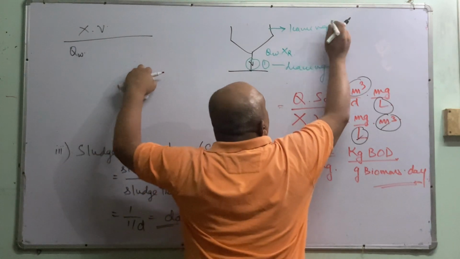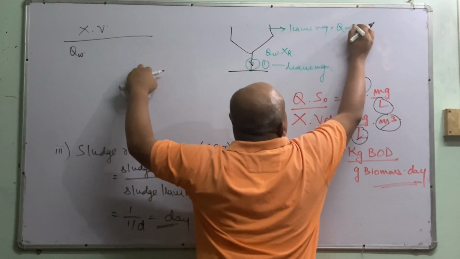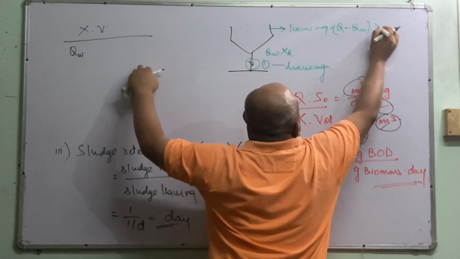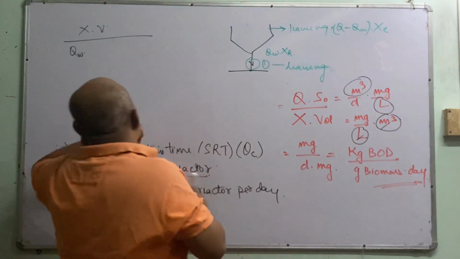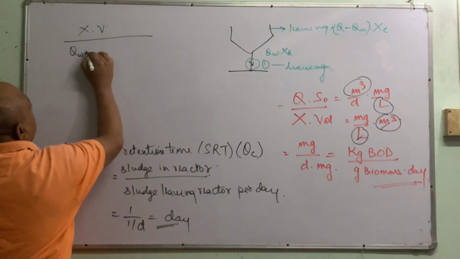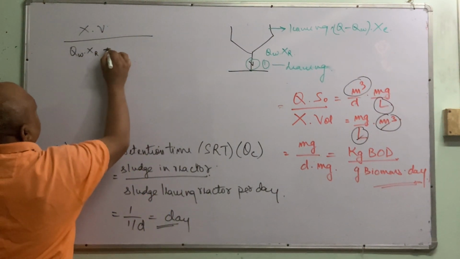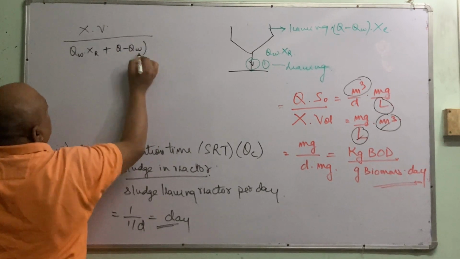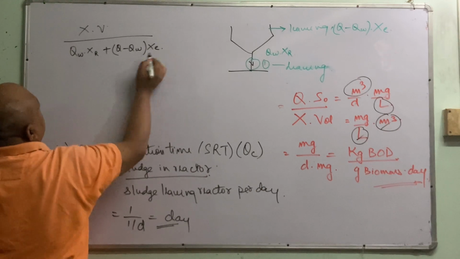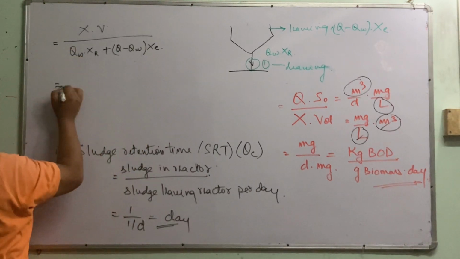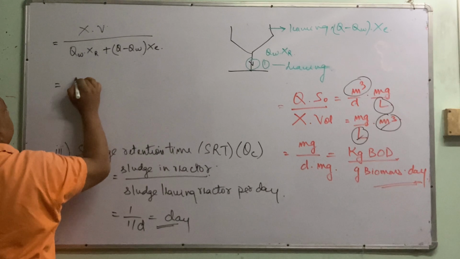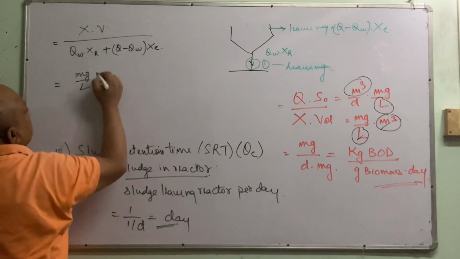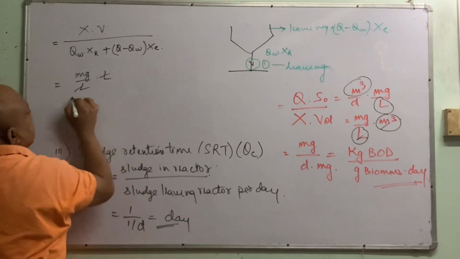But what about the leaving in the effluent? It is Q minus QW, and the concentration is XE, correct? So QW into XR plus Q minus QW into XE. On top, X is milligram per liter into volume in liter, so liter is cancelled.